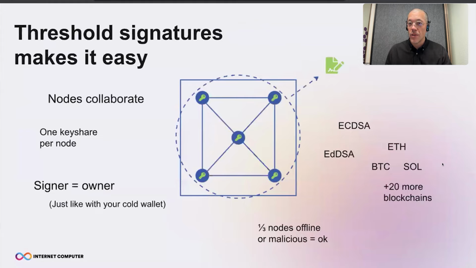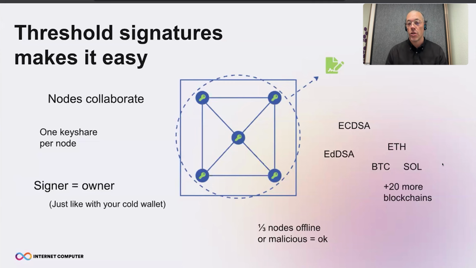So if someone in this call happens to be not familiar with threshold signatures, that is my last minute of this talk. Just a quick description about what it is: the nodes in an ICP subnet together can sign payloads.